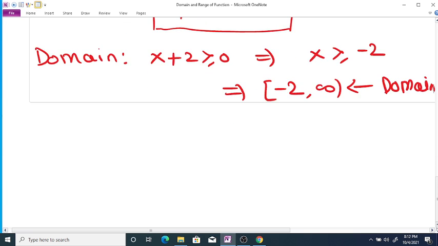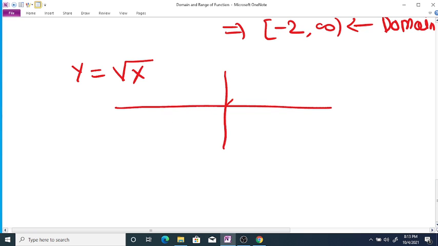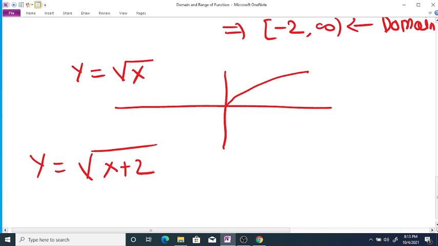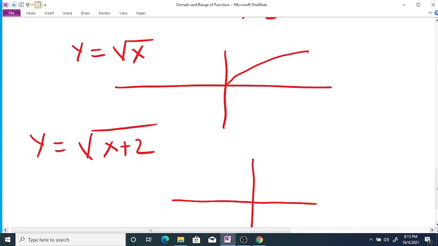Now you can use the graphical method. We know the graph of the square root function is this. So what is the graph of the square root of x plus 2? We want to shift the graph y equal to root x through 2 units horizontally to the left side.